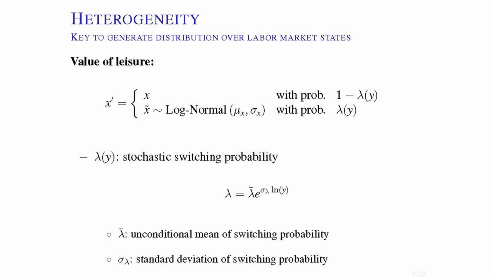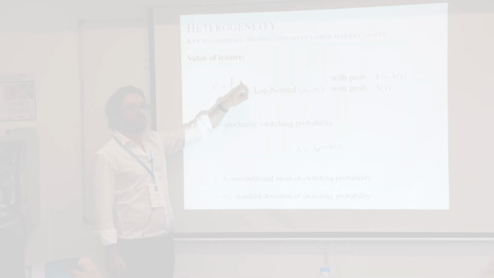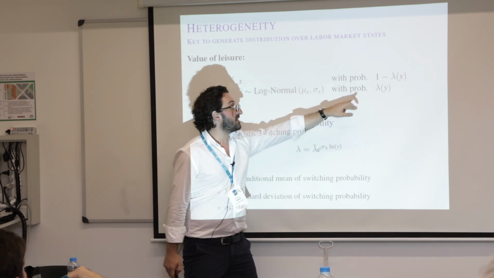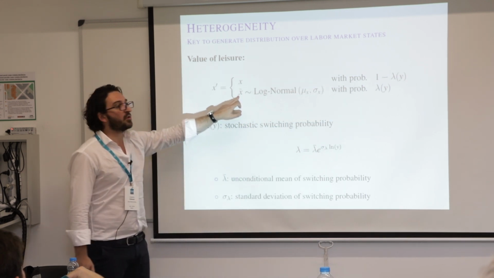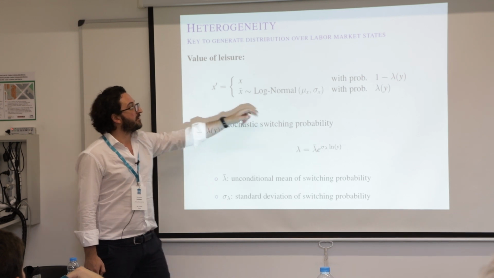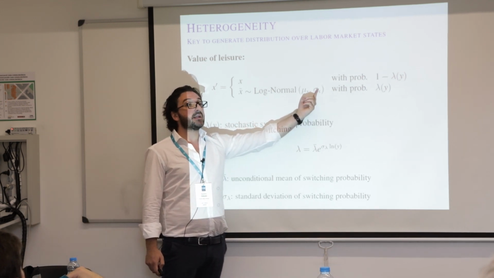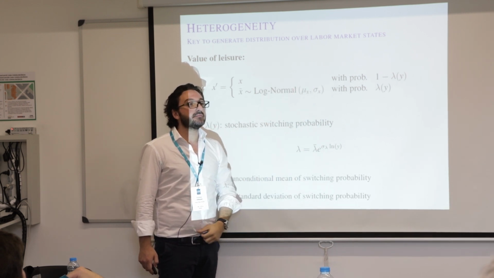So with probability 1 minus lambda, the individual keeps the same value of X that he currently has. With probability lambda instead, he draws a new value of X from a log normal distribution with mu X and sigma X.